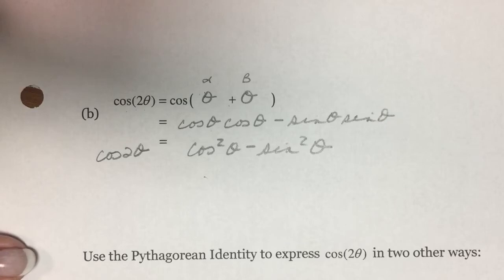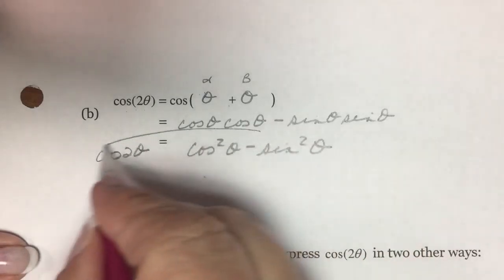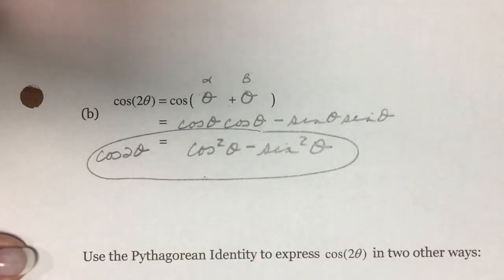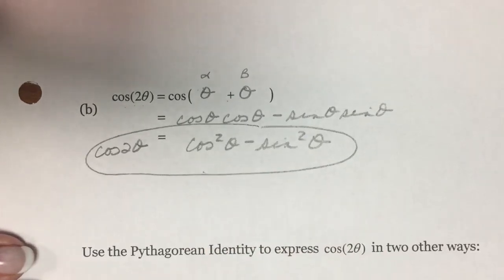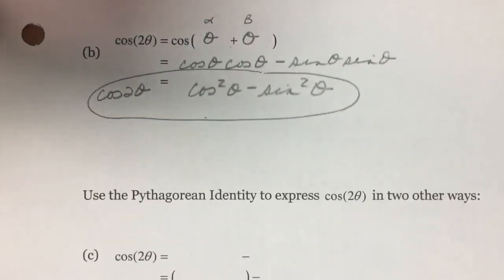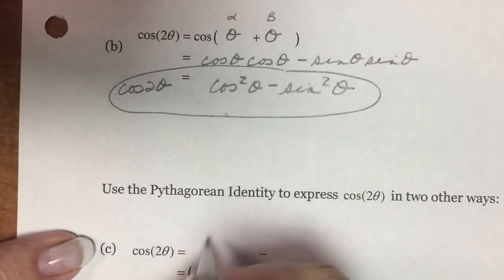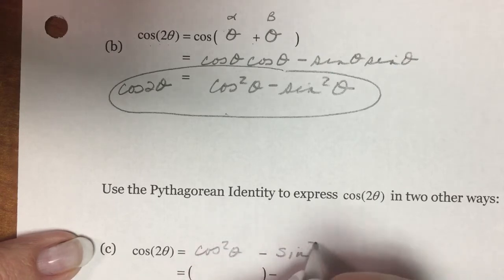Now, for cosine, there are actually 3 identities for the double angle. This is the first one. You can get the other 2 by using this first one, and that's what I'm going to show you how to do in C and D. So let's do cosine 2 theta. Let's start with cosine squared theta minus sine squared theta.